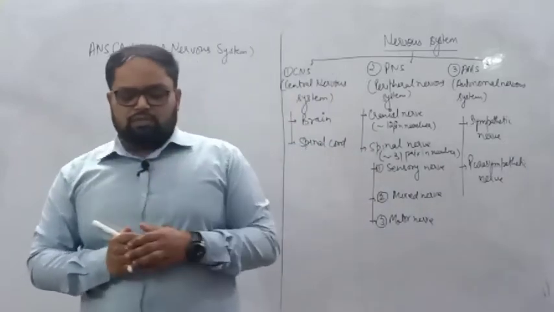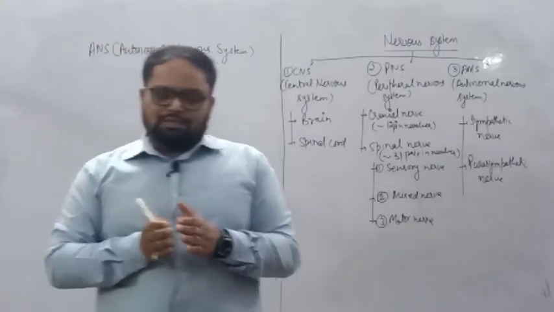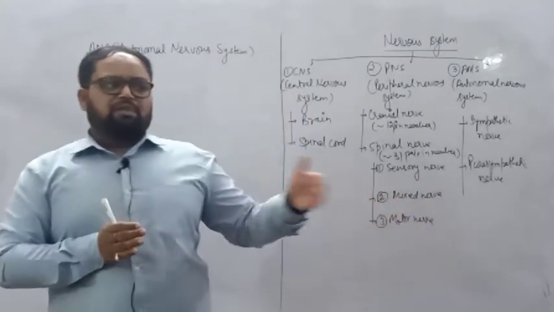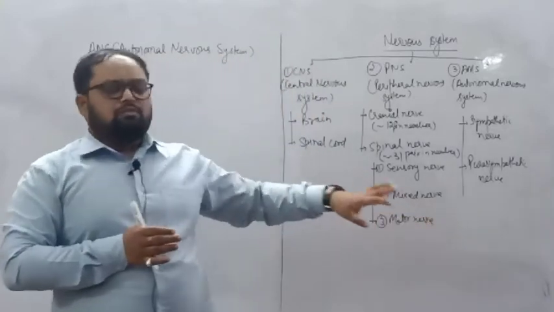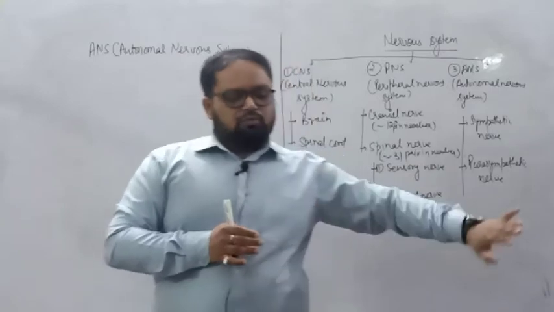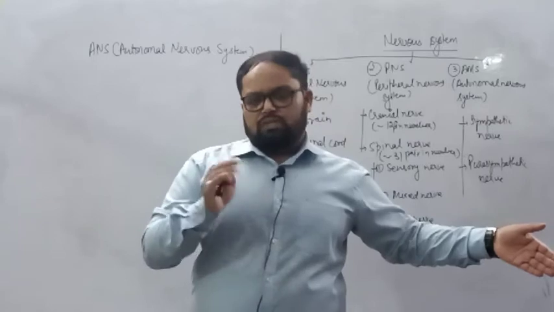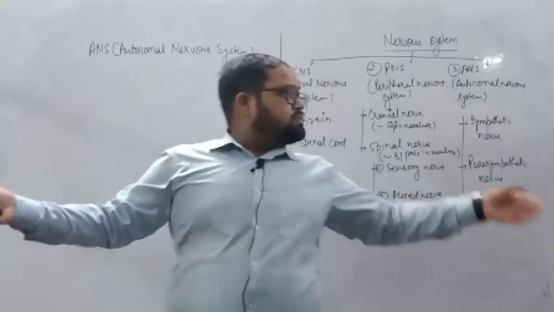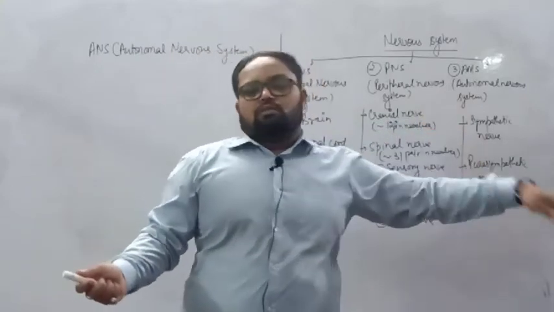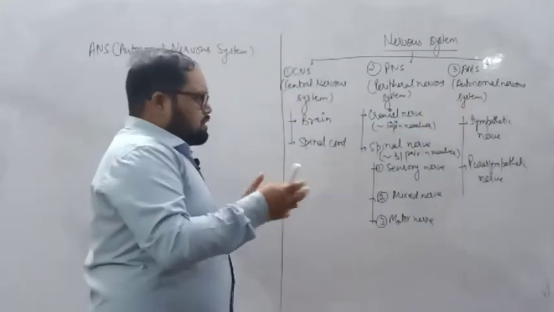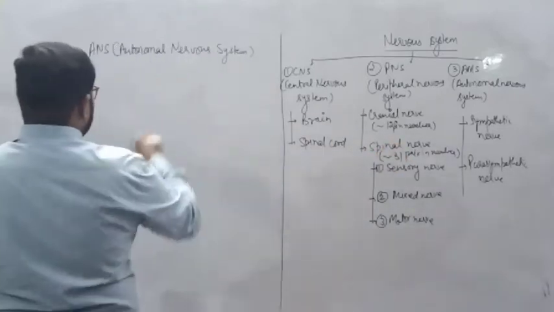Before I started the nervous system, I told you one thing: leave the hormones aside, because the work of hormones depends only on the behavior of glands, the endocrine glands, in your syllabus. But here the sympathetic and parasympathetic nerves are involved, so everything depends on the nerves, not the hormones. Hormones work side by side, but here you need to know only the nerves.